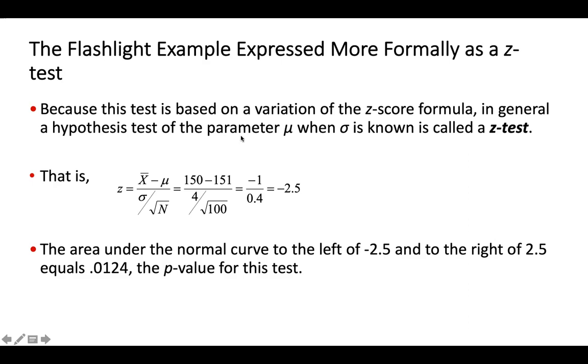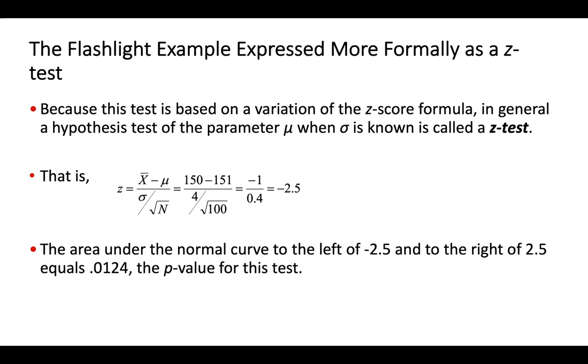It is just the test that we're using if the population standard deviation is known, right? So if we know the population standard deviation, if we don't have to estimate it from our sample, then we can use the standard normal distribution to determine the sampling distribution of the mean.